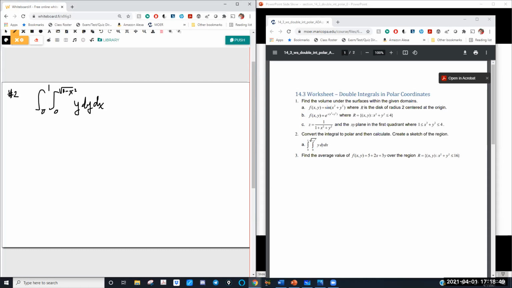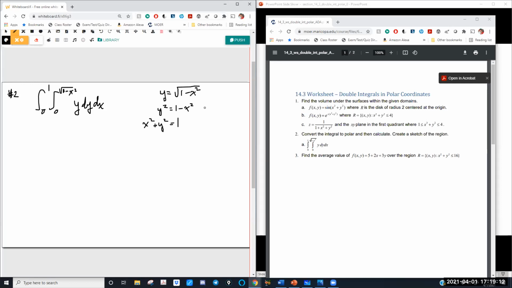But let's talk about what this looks like. Well, that's the equation y equals square root of 1 minus x squared. If I were to square both sides, I'd get y squared equals 1 minus x squared. Add the x squared over. I get x squared plus y squared equals 1.